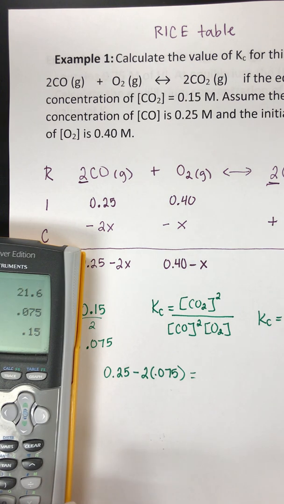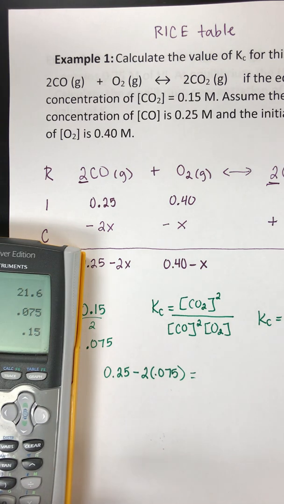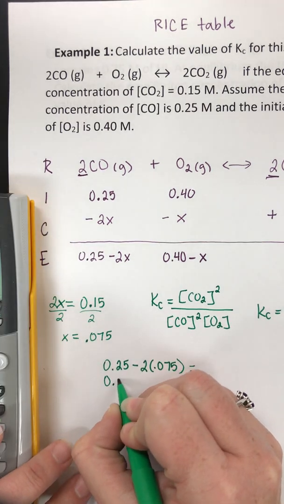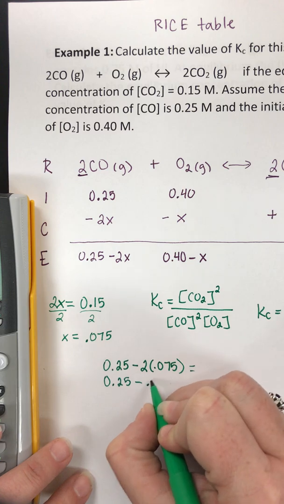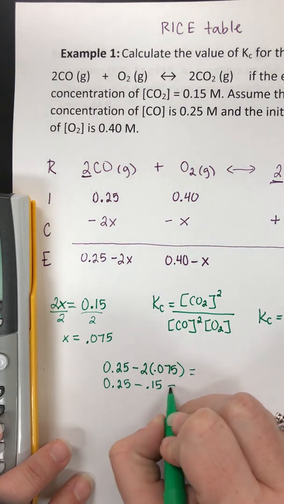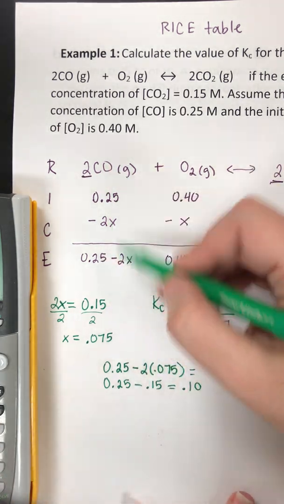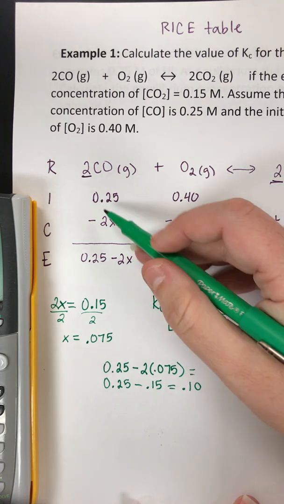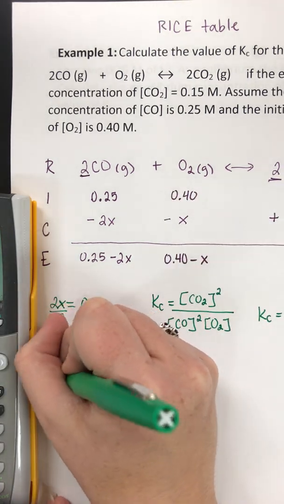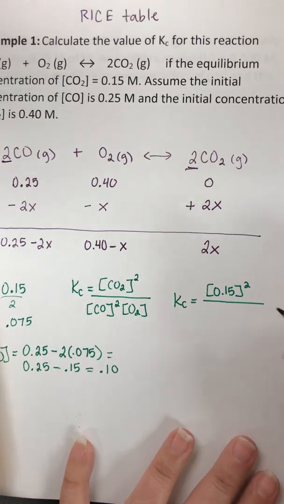So basically 0.25 minus 0.15, right? That's what 2 times 0.075 equals. 0.10. So that is our concentration of CO. That's what we were just solving for right there. This is CO's concentration. Okay, so we're going to plug that into our expression over here.